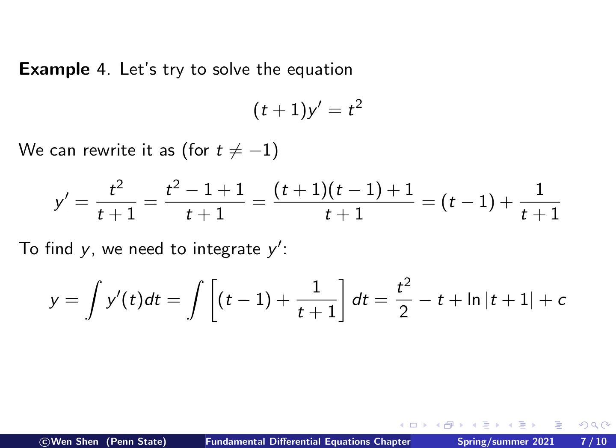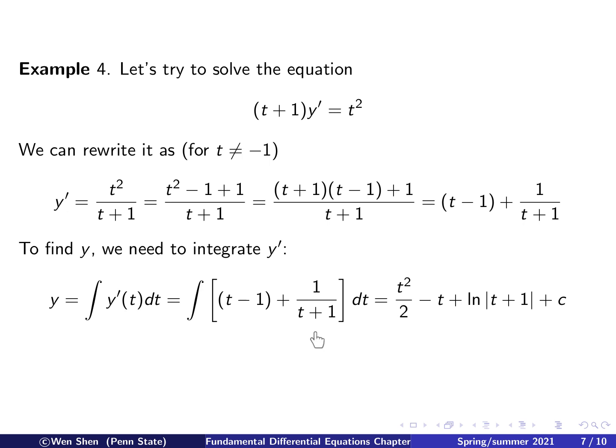Okay, now let's integrate. So y equals the integral of y derivative, and let's plug in the derivative here, and then let's find out the antiderivative of each term. So for the term t here, we get t squared over 2, and for the term negative 1, we get negative t.